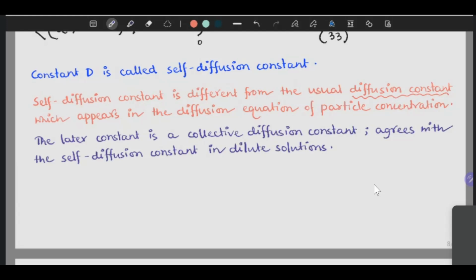So that is the main difference. There is a difference between these two things.